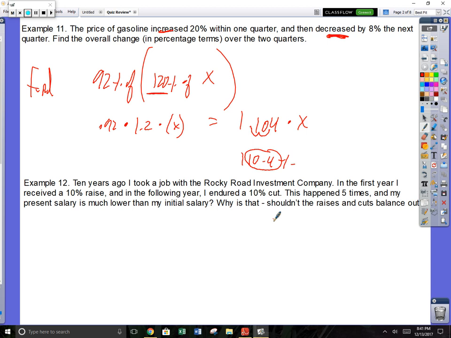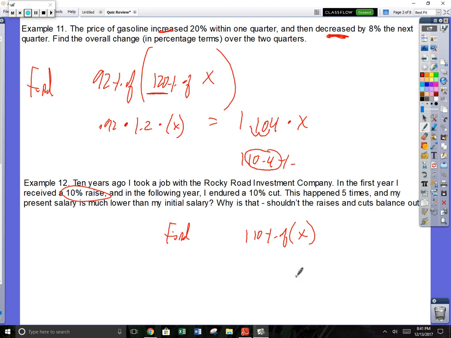Okay, so let's look at the math. The math says this is your present salary, x. Now if you are going to get a 10% raise, I am going to multiply that. I need to find 110% of my salary.